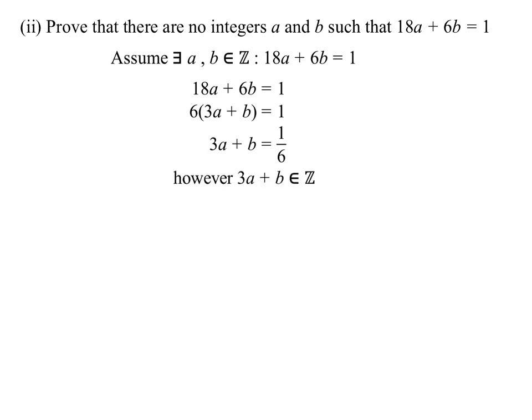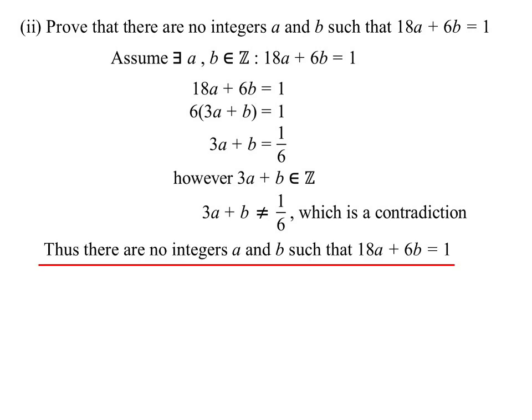But hang on, 3a plus b has to be an integer, because we said a and b were integers. Well, how can 1/6 be an integer? It can't be. No, 3a plus b can't be 1/6. So in one breath I'm saying it is equal to 1/6, but now I'm saying it can't be equal to 1/6. There's the contradiction. So nope. That means there are no integers a and b such that 18a plus 6b is equal to 1.